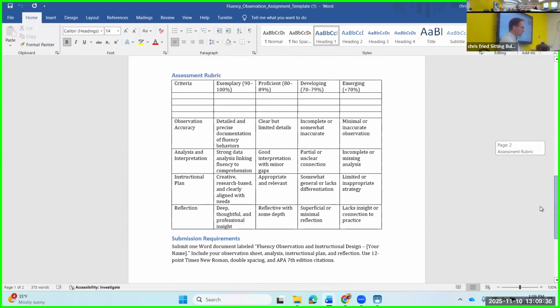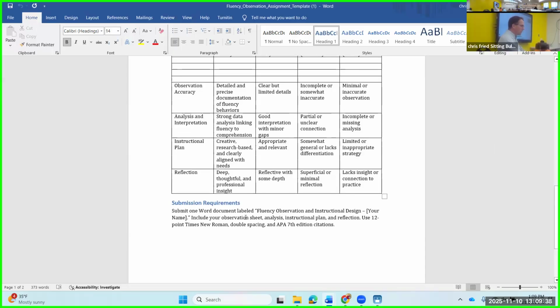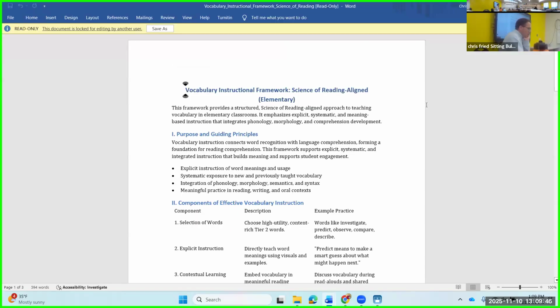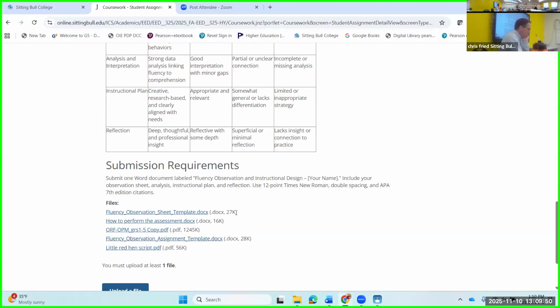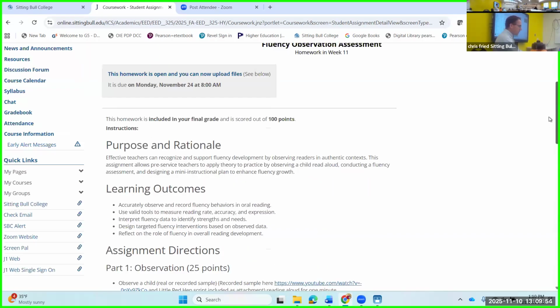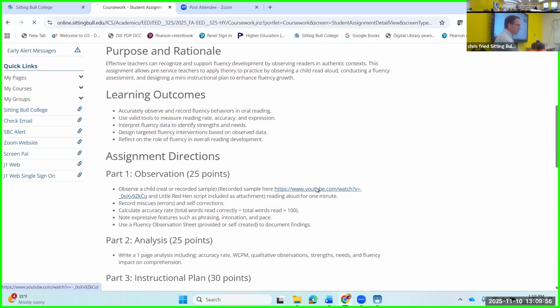The rubric is there for that, and when you do it, you just put it in one document, right? Rather than multiple documents, so just use one Word document, okay.